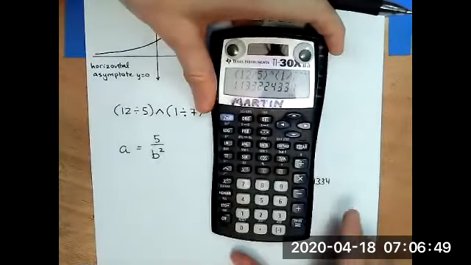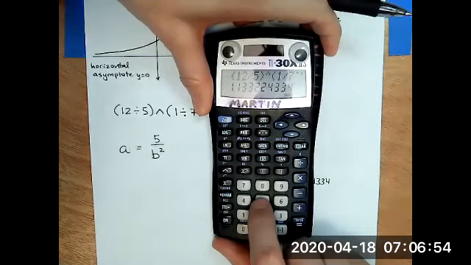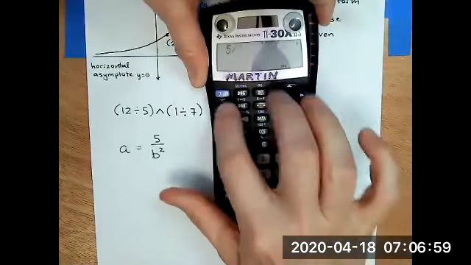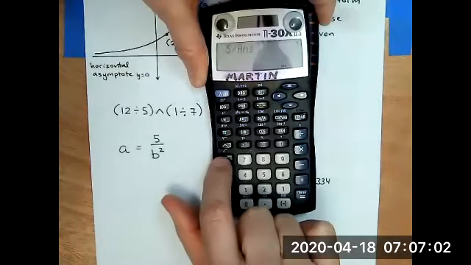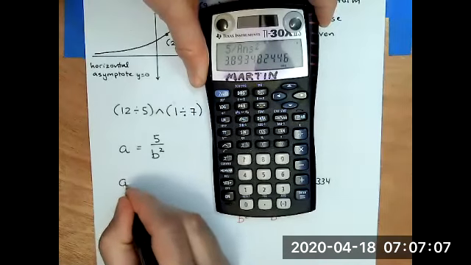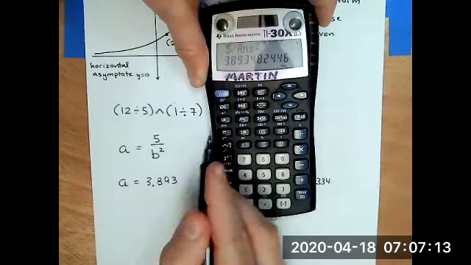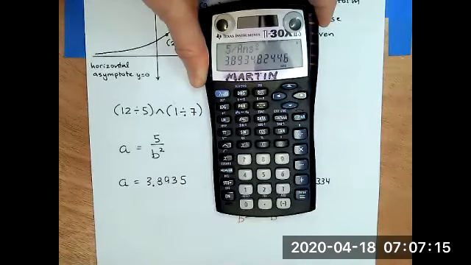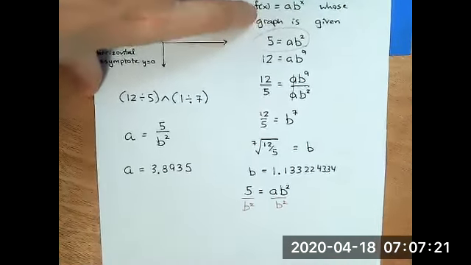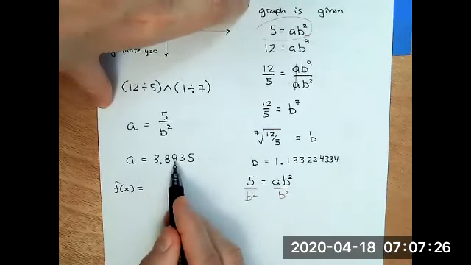So the calculator saved my last answer. So we can just type it in, 5 divided by second answer squared. I'm going to round it off here. And now that I've done my calculations, I can round off. Let's round off to the hundredths place.